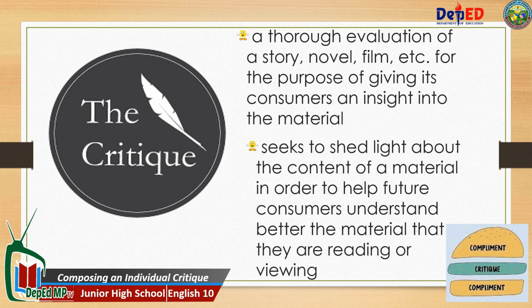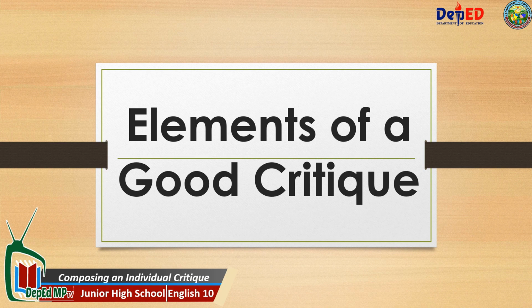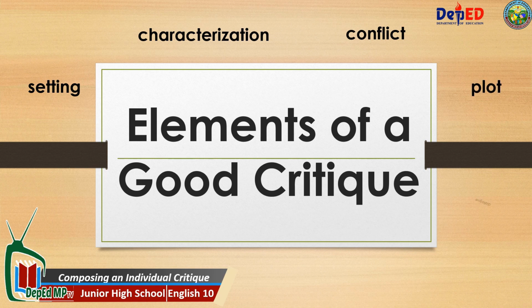You will be required to carefully study, summarize, and critically analyze it. There are 7 elements that you need to take into consideration for you to come up with a good critique. We have setting, characterization, conflict, plot, dialogue, style, and theme.